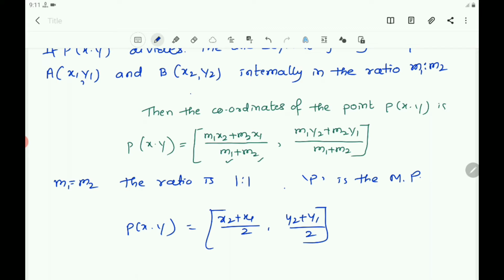The point P is called the midpoint. Then the coordinates of the midpoint are P of xy equals x2 plus x1 by 2, y2 plus y1 by 2. This is called the midpoint formula. Now let us solve the problems based on the midpoint formula and section formula.